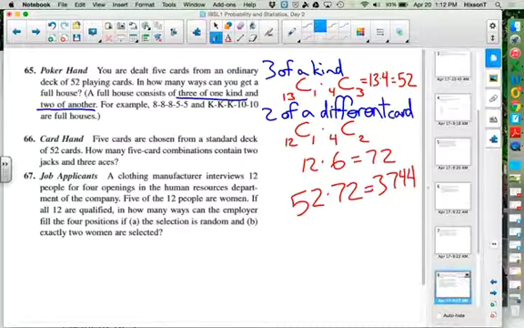Does that make sense? Kinda? Oh, does the color matter? Well, we're taking care of that part when we're doing the 4 choose 3. Because you have the hearts, diamonds, clubs, and spades, those 4 to choose from.